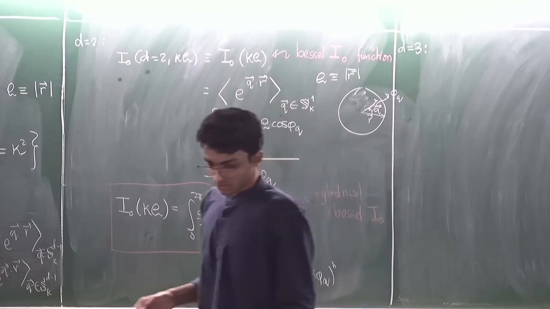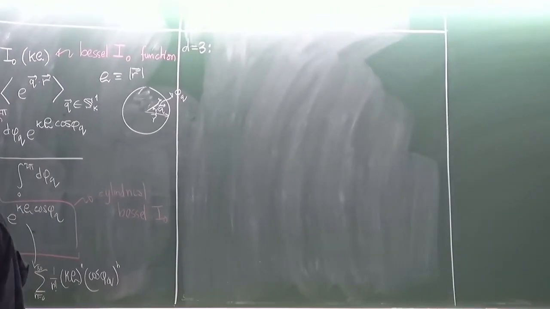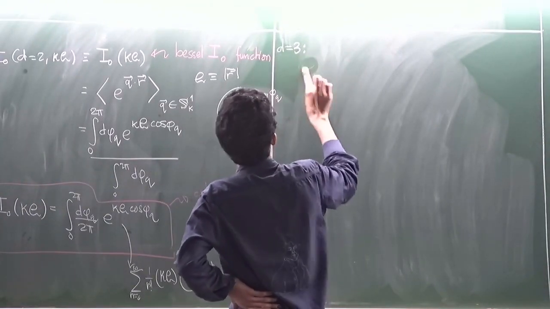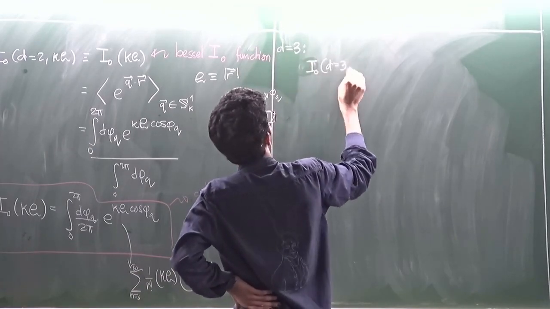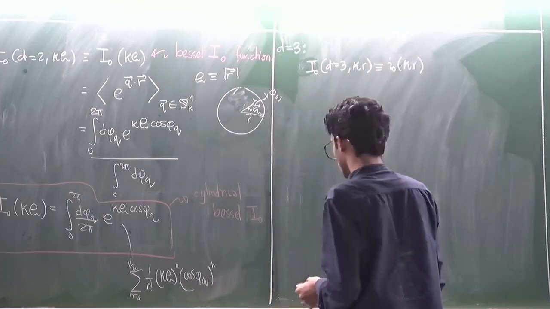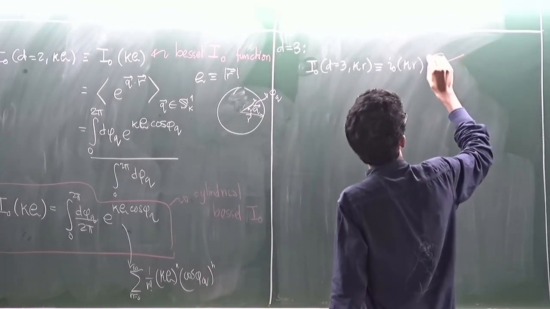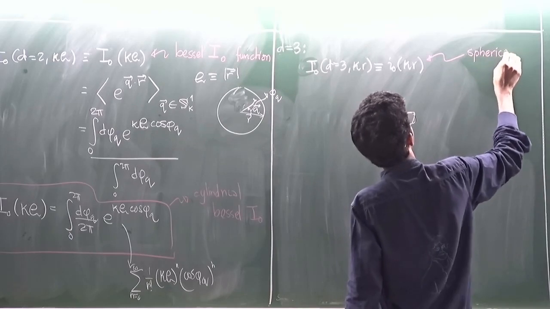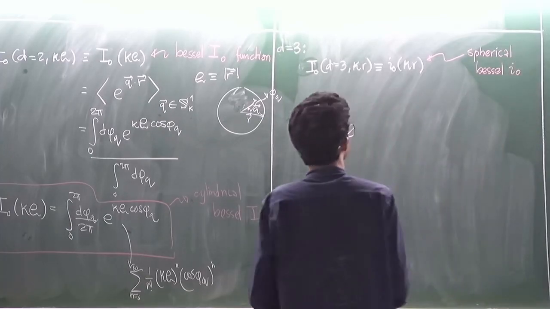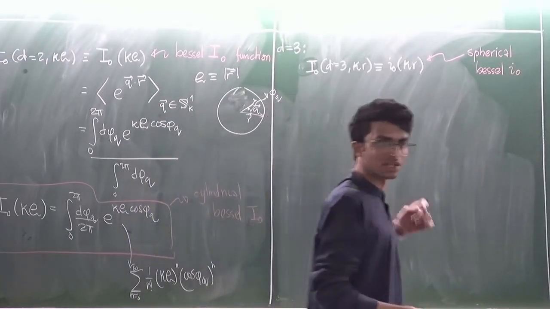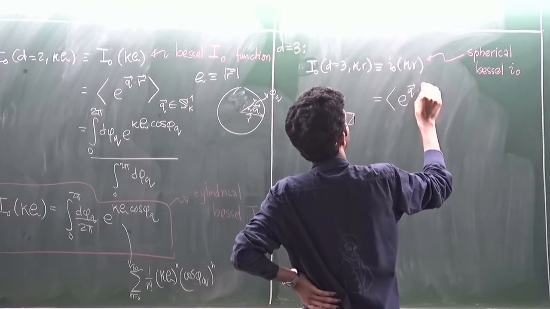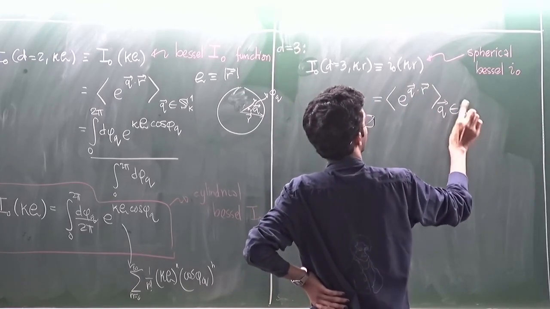Okay. d equal to 3, I naught, d equal to 3 of kappa r is what people usually call I0 kappa r, which is called spherical Bessel I0. In Mathematica you can implement it with spherical Bessel I0, which by our definition is just e to the q dot r such that q belongs to S2 kappa.